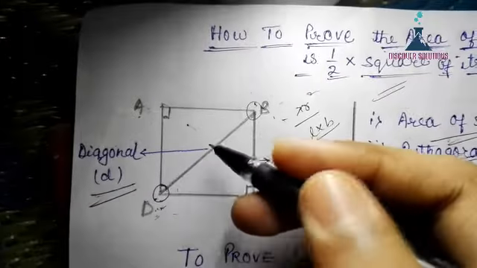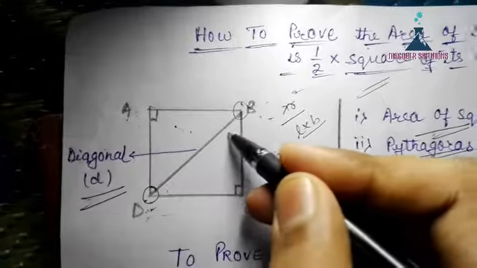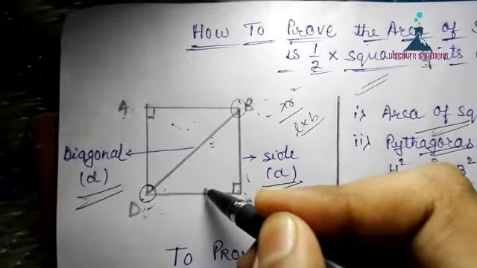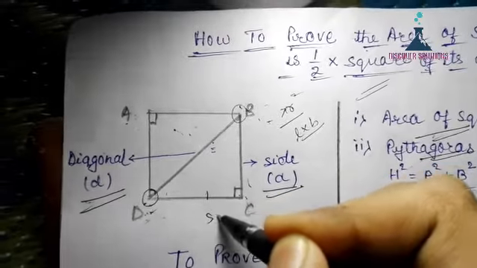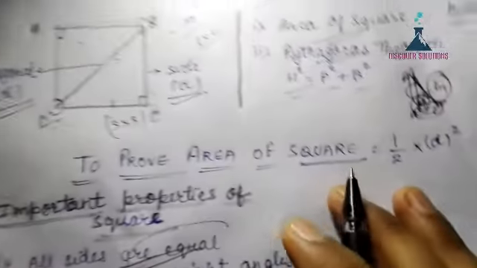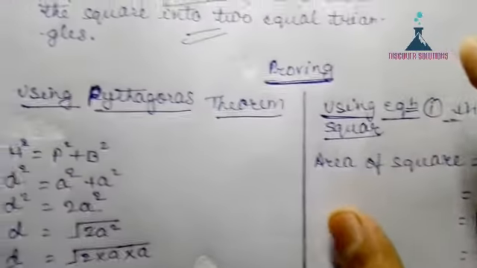Because friends, in class 9 you will get to know how the diagonal divides the square into two. It can be proved by using the congruency criteria, that is SSS, and you can prove that yes, the diagonal of a square divides it into two equal parts. Now friends, let's move forward towards proving.